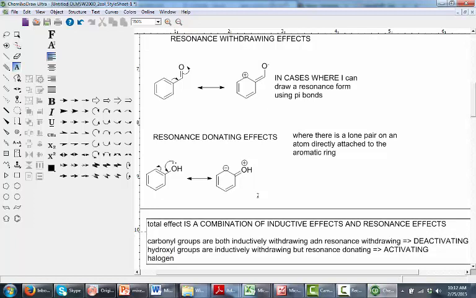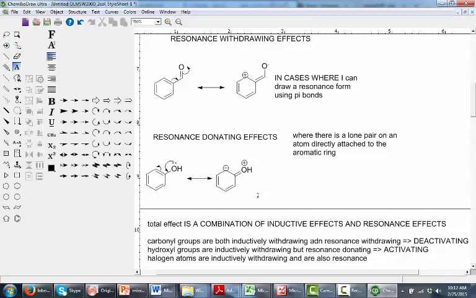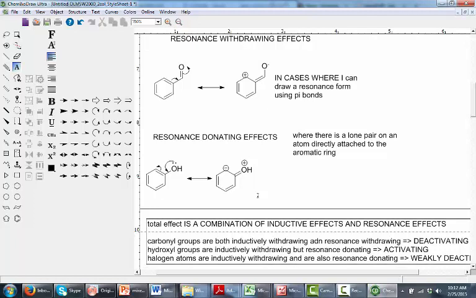Halogen atoms are inductively withdrawing and are also resonance donating. Here they end up as weakly deactivating. That's because the inductive withdrawing effect in this case is mildly stronger than the resonance donating effect.